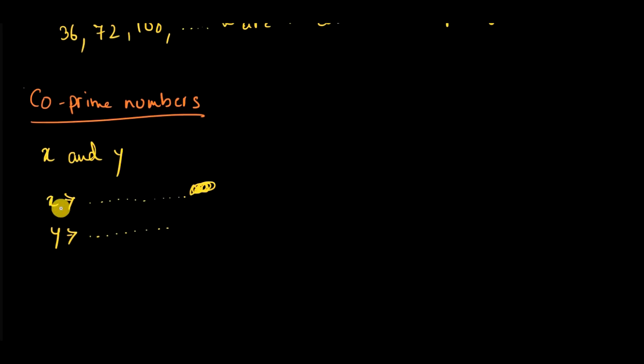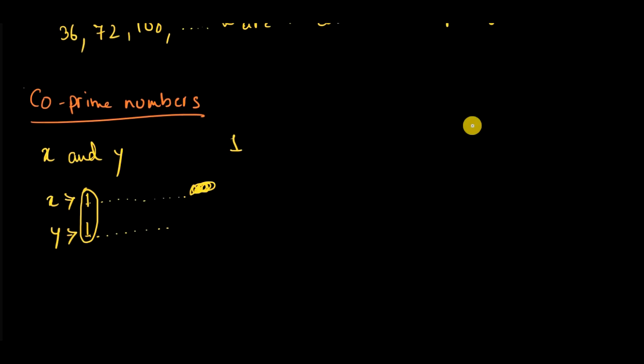So 1 will be the only common factor of x and y. There won't be any other number which is common among them. So if two numbers x and y have only 1 as a common factor, then these two numbers are coprime numbers.